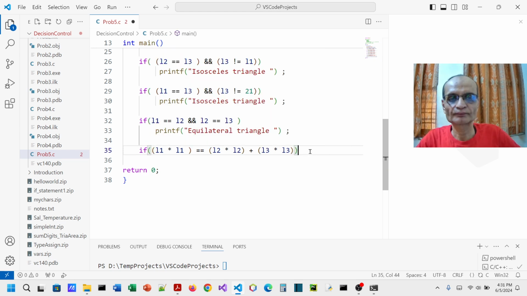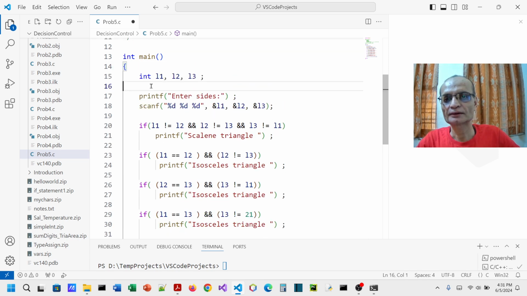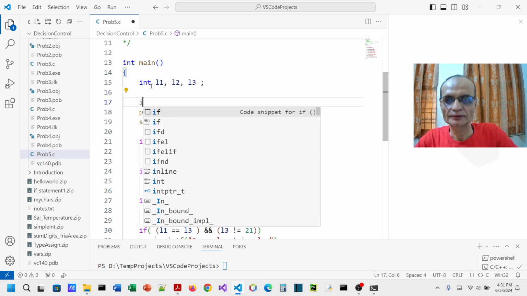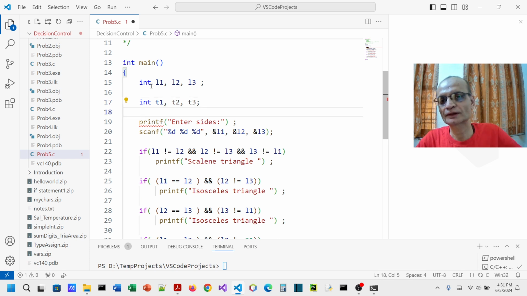If both are the same, then in that case what happens? I will have to basically say that this combination essentially becomes a right angle triangle. Okay, so that means now I require separate variables here, which I will use. Say I will use temporary variables T1, T2 and T3, which are going to help me.